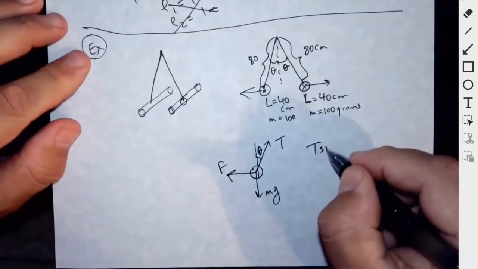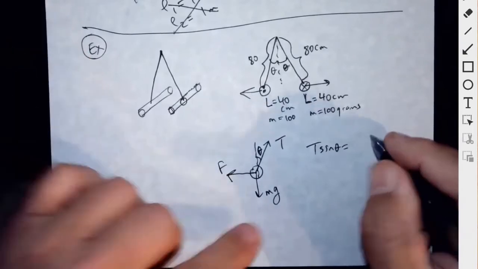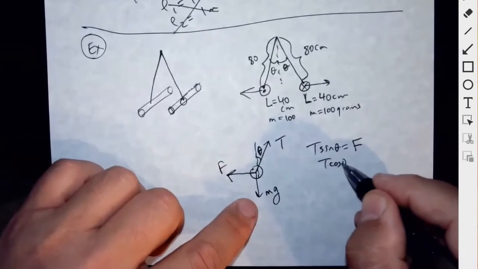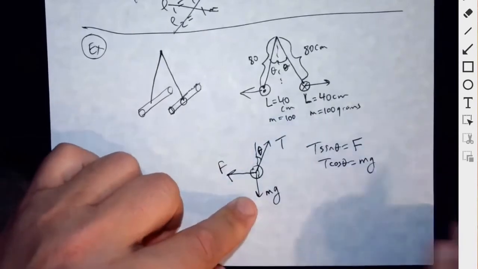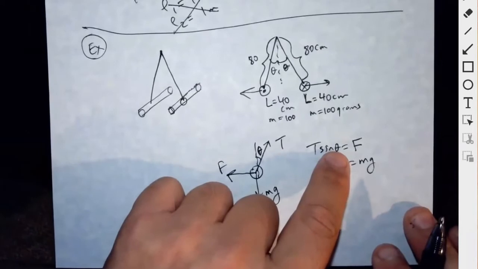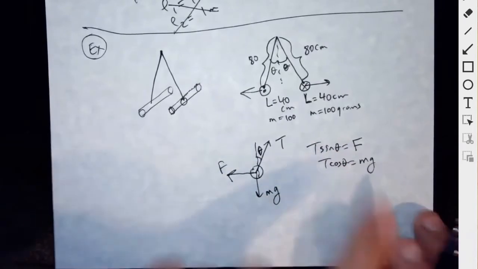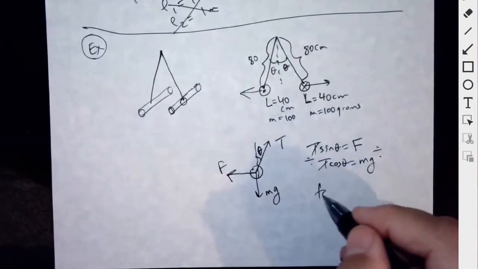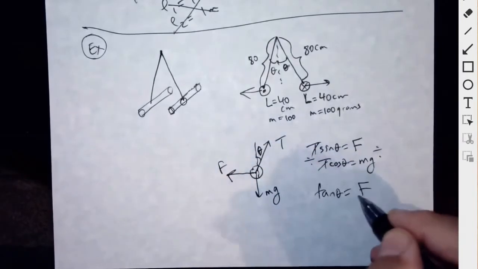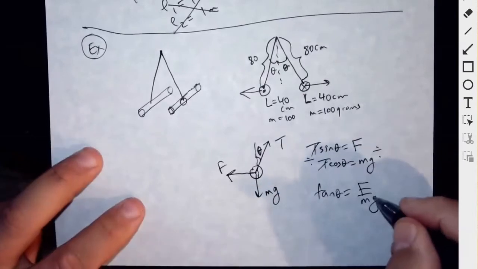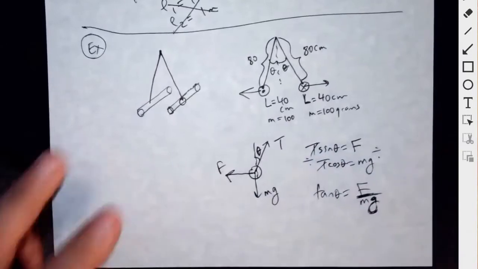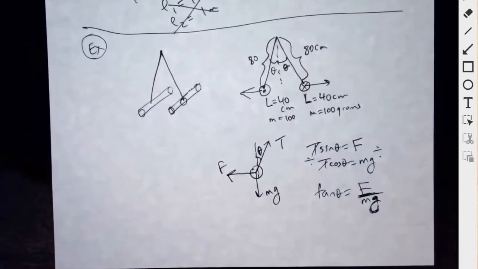T sine theta is equal to F, and then T cosine theta is equal to mg. I usually put the sine on top, and I put the cosine on the bottom, because I know I want to divide them out and get tangent theta. Right? So tangent theta is F over mg, and then the F, I'm going to put that equation.